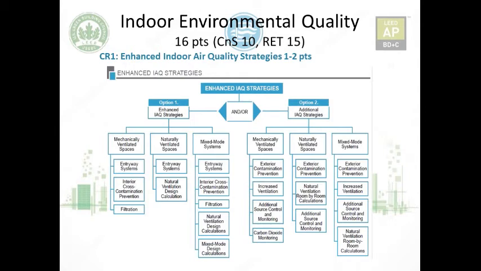And you can see that this credit enhanced IAQ strategies, we have option number 1 enhanced, and we have further requirements with the ventilation type, mechanical, natural, or mixed mode. And you can go for both the options, or you can opt one option with additional IAQ. So this is a good way to look into the strategies and to the options and their relation in between.